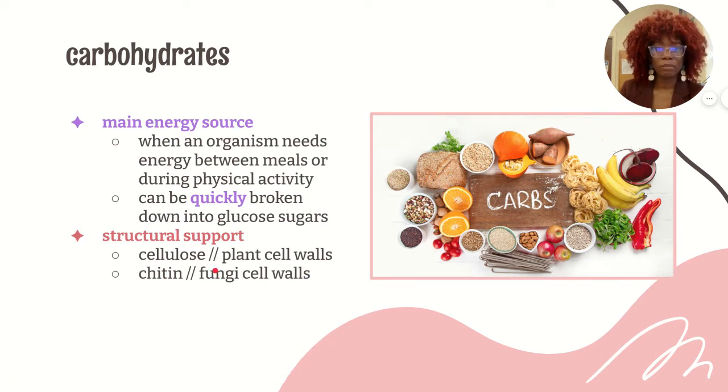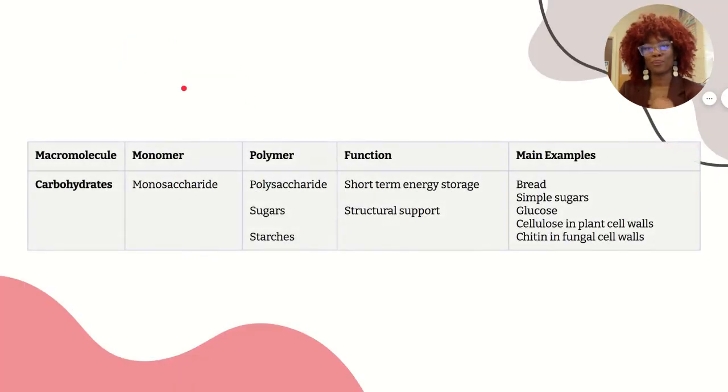Make sure that you find some way of remembering this, either by looking at my chart, taking your own notes, whatever you need to do. So again, the carbohydrate monomer is monosaccharide. If you see monosaccharide in a problem, that tells you carbohydrates.